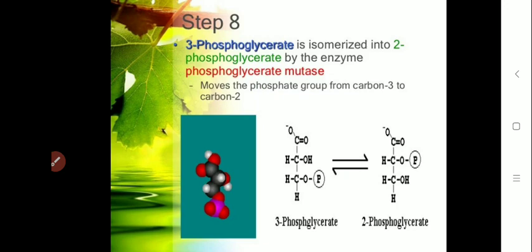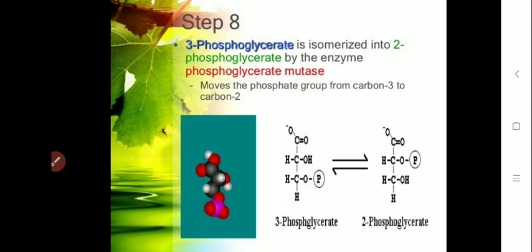In this step, the remaining phosphate ester linkage in 3 phosphoglycerate is moved. Here the 3 phosphoglycerate is isomerized into 2 phosphoglycerate with the help of the enzyme phosphoglycerate mutase.